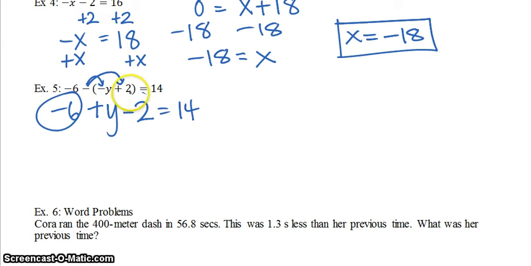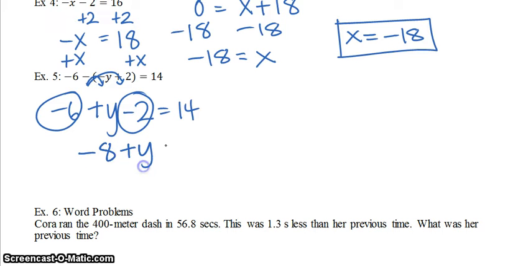So I'm going to combine negative 6 and negative 2, which gives me a negative 8, plus y equals 14. Now I need y by itself. Now that I've distributed and combined, I'm going to add 8 to both sides to get y by itself. So y equals, and that would be 22. There we go.